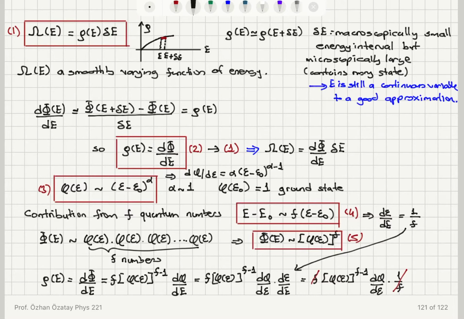And on the other hand, what is phi to the power f minus 1? So this is what I'm going to substitute here for d phi d epsilon.